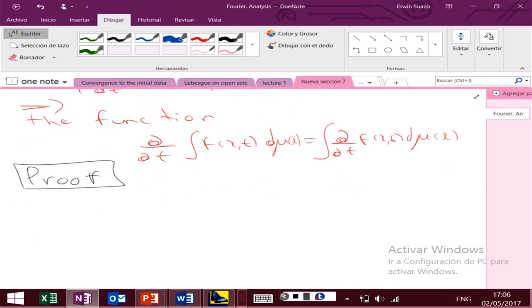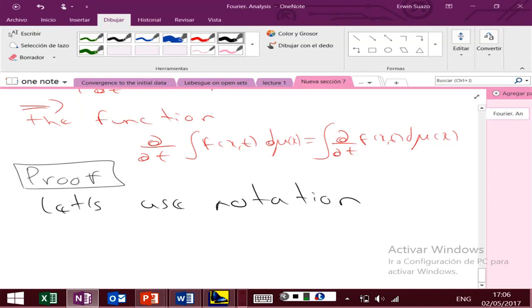So let's use the notation, so I don't have to write all the time integrals. So capital F of t equals the integral of f of x, t, d mu of x.